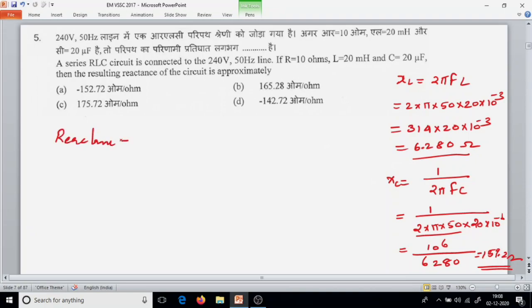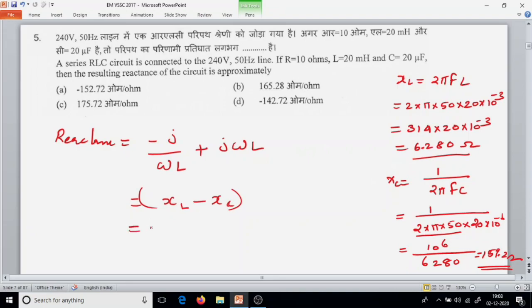Reactance equal to, we can write it as minus j omega L plus j omega L, or else we can write it as XL minus XC.